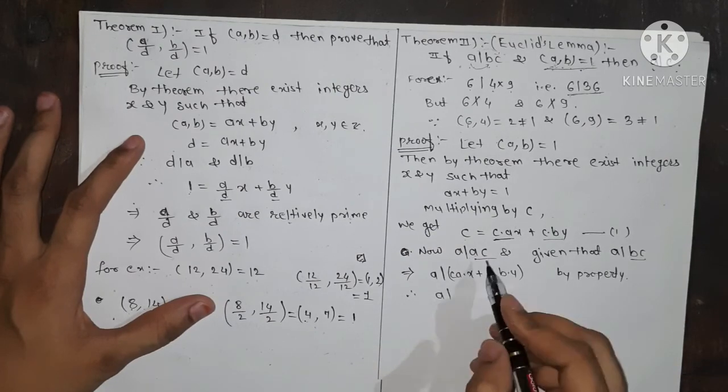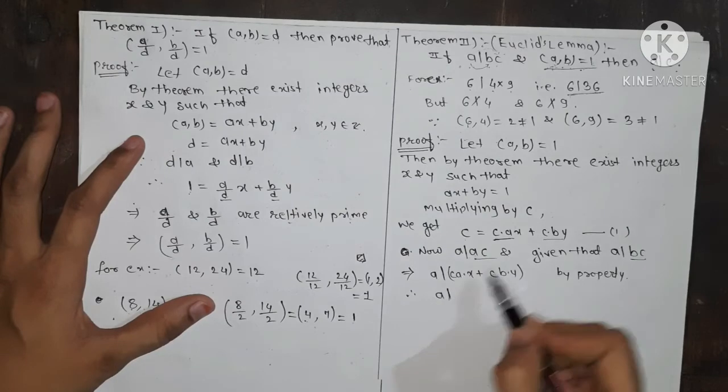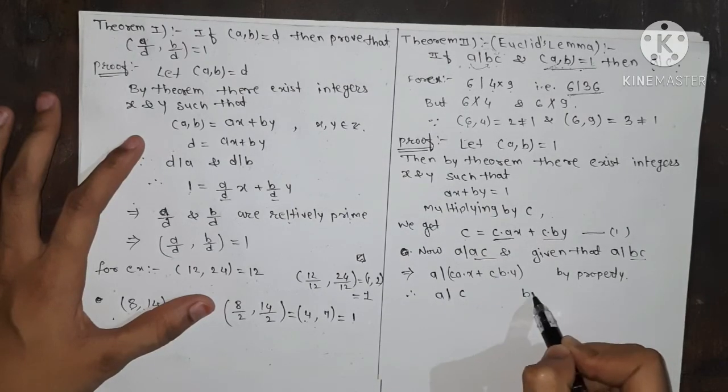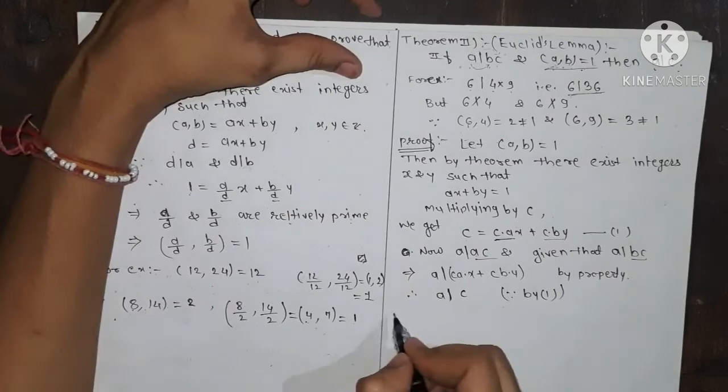Therefore A divides c times 1, which is c. Hence proved.